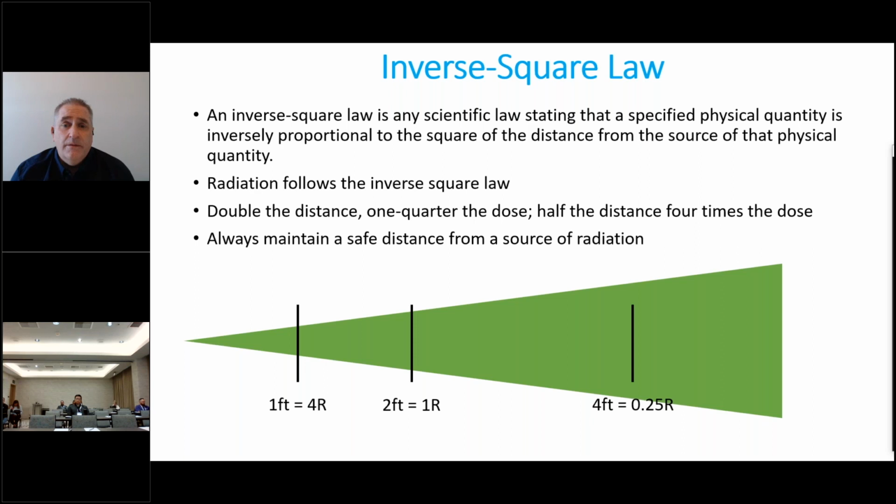So the general rule of thumb is to be 6 feet away from an X-ray tube when it makes an exposure. Most people have between a 5 and 6 foot arm span. If you simply use that as a quick guide and measure, you will be able to quickly say you're 6 feet away from an X-ray tube.